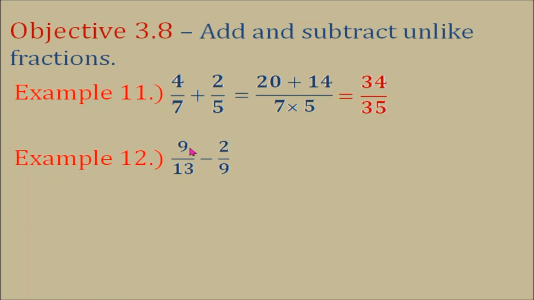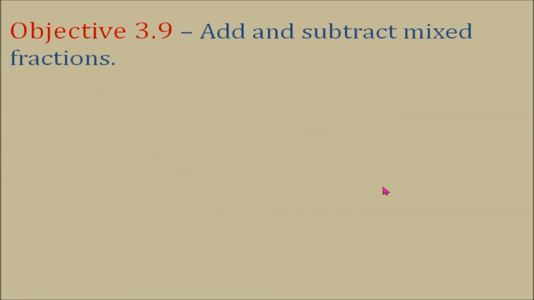So what we'll do is multiply again. 9 times 9, which is 81, then minus 13 times 2, which is 26, and then multiply the denominators. 13 times 9, so 81 minus 26 equals 55, and 13 times 9 equals 117. So this is our answer, 55 over 117.